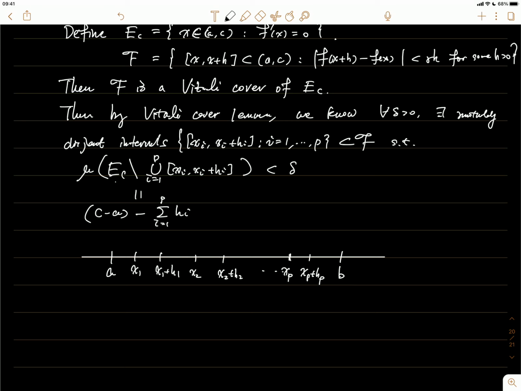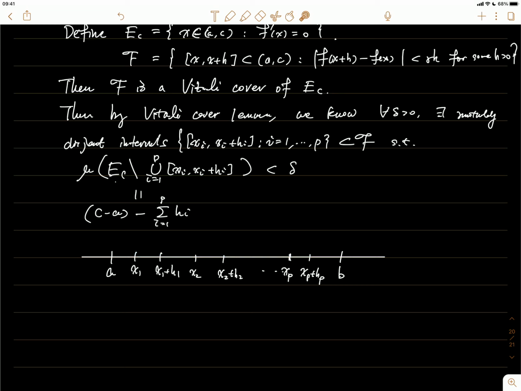So what we know so far is that the sum of the intervals, this total length of what I drew, will almost fill up the E^C, and what's left is just the delta. It doesn't matter how small the delta is.